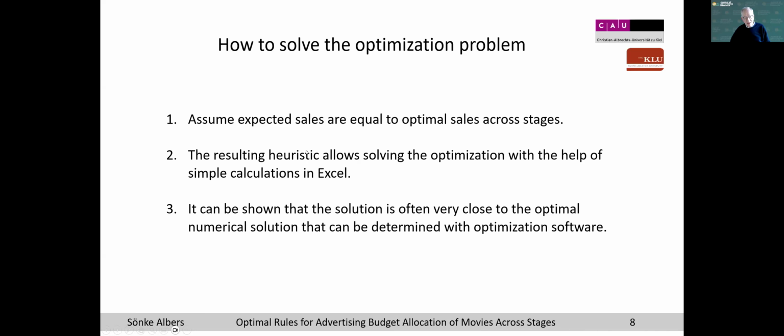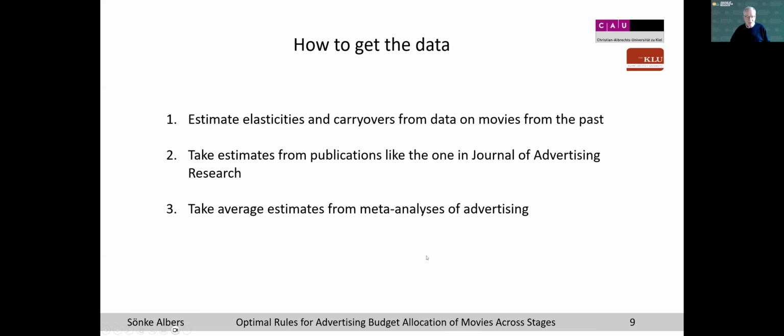This is a heuristic, and you can solve it very easily within an Excel sheet. And of course, the question for a heuristic is: is it very close to the optimal numerical solution that can be determined with optimization software? And the answer will be yes, it will be very close.